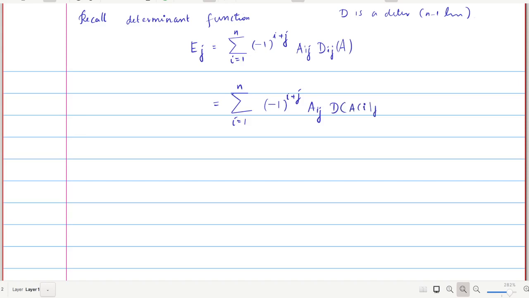That means this is the value obtained by removing the ith row and jth column from A. So this can be written as the summation of (-1) raised to i plus j, aij times the determinant of Aij.